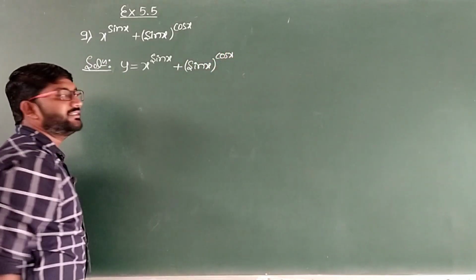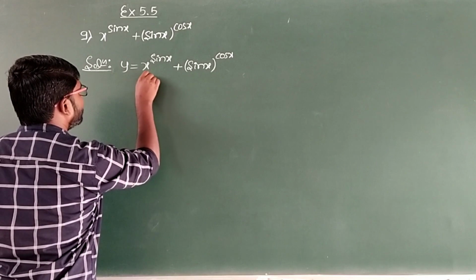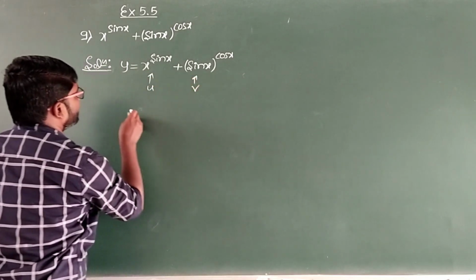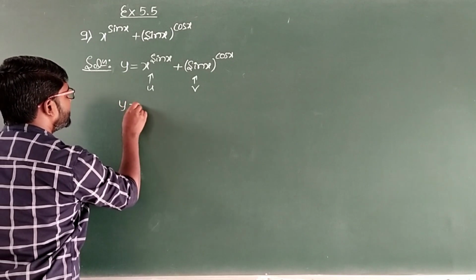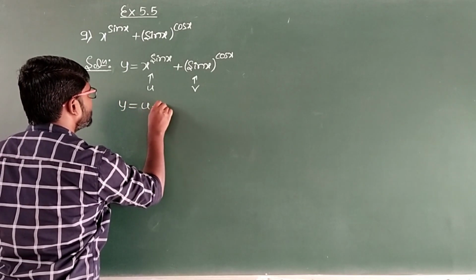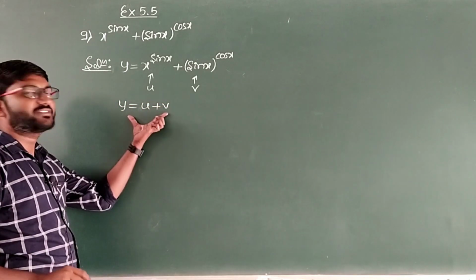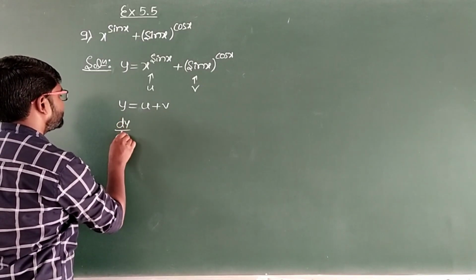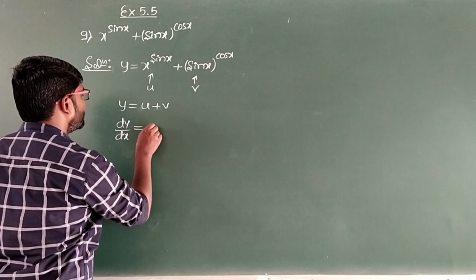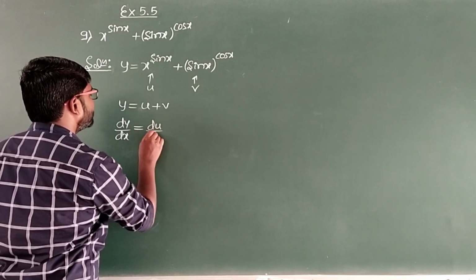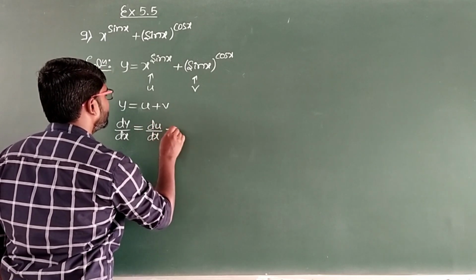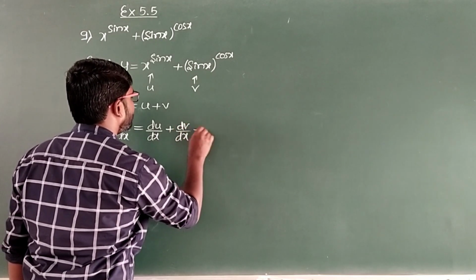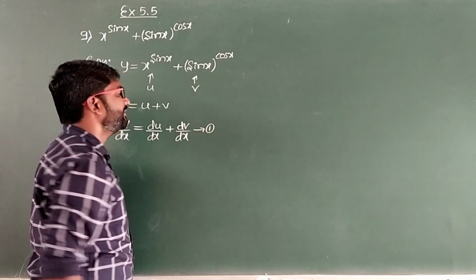Now we will take the first function as u and the second function as v. So overall it becomes y equals u plus v. Differentiate both the sides with respect to x. We get dy by dx equals du by dx plus dv by dx. I call this equation number 1.